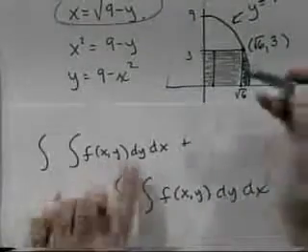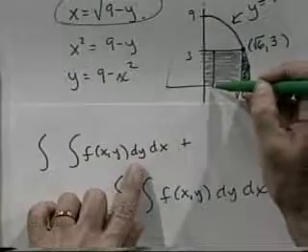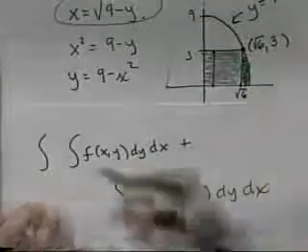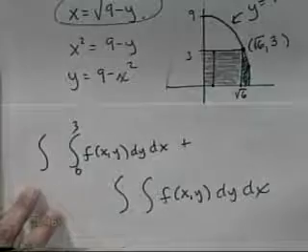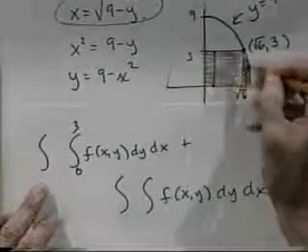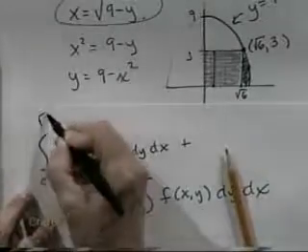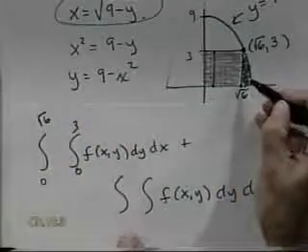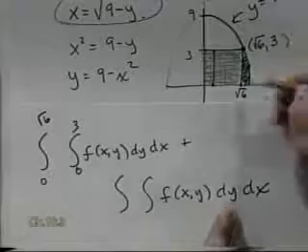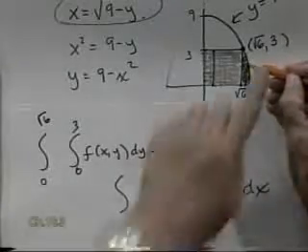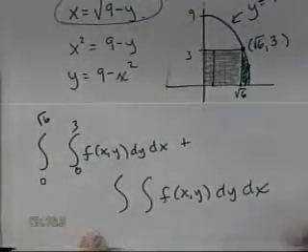Region 1, what's y ranging from? 0 to 3. And if we sum all those up, x's are going from 0 to root 6. Now, in the little bitty green guy, what's y ranging from? From 0 to 9 minus x squared.